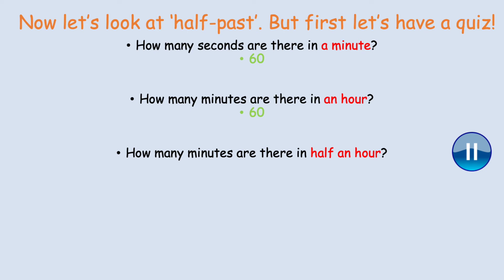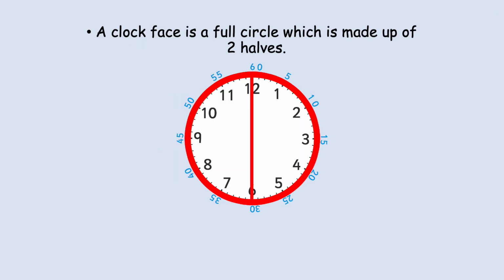So, if there are 60 minutes in 1 hour, how many minutes are there in half an hour? Well done, there are 30, because half of 60 is 30. You knew that, didn't you? Well done. A clock face is a full circle which is made up of 2 halves.